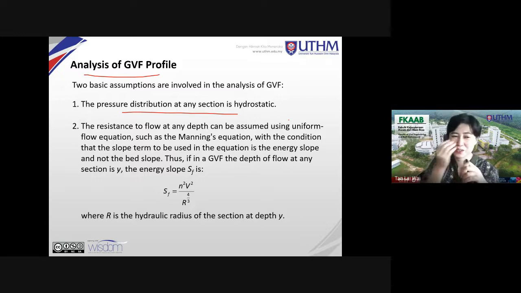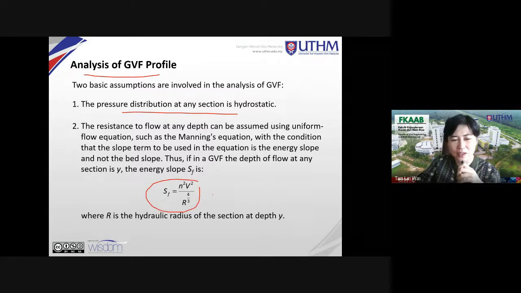So the assumption would be the pressure is hydrostatic. And then resistance of flow at any depth can be assumed using the uniform flow equation, that means Manning. So therefore, this is the resistance or the energy slope, right?